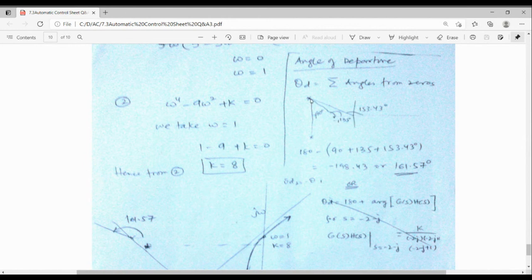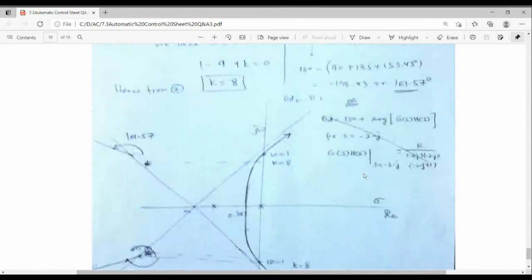Take any one pole and draw the lines, connect the lines and find the angles. This is 153. So the formula is 180 minus 90 plus 135 plus 153. So you will get 198.443, or you can get 161.57 degrees.